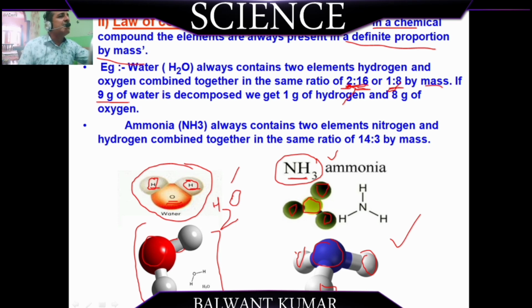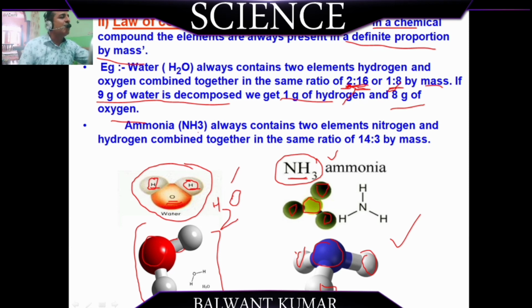So if 9 gram of water is decomposed, we get 1 gram of hydrogen and 8 gram of oxygen, because in water molecules, the hydrogen and oxygen atoms are in a fixed proportion of 2 is to 16 by mass.